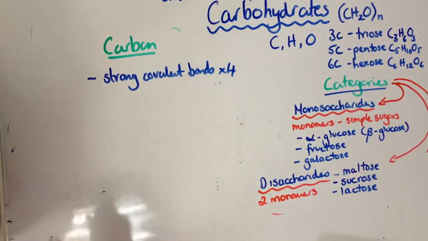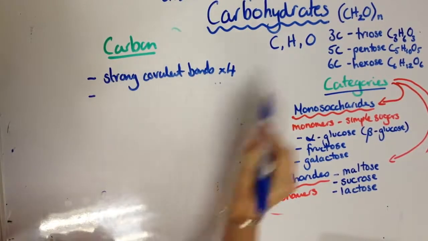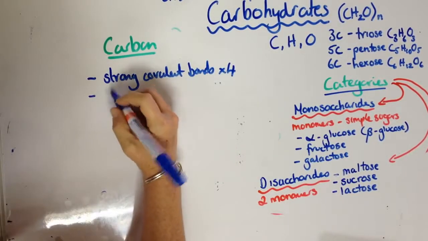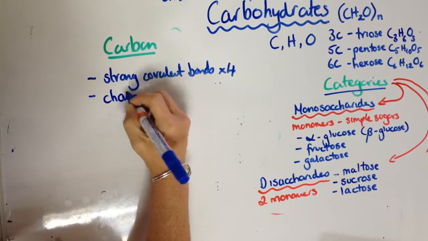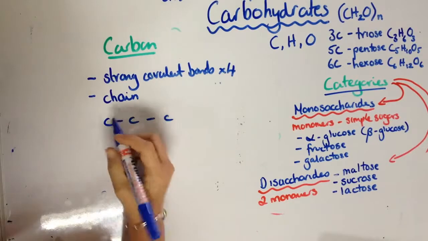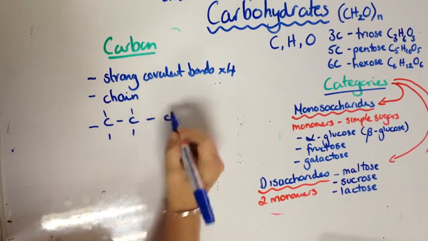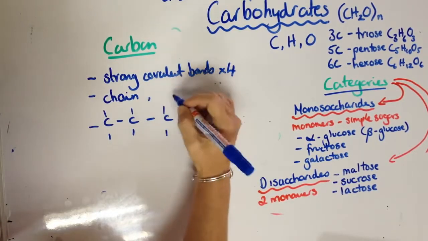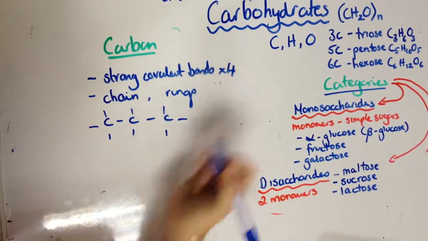Depending on the structure, it can be a chain molecule where the carbons form chains like this, and they will have their bonds elsewhere, or they can form rings.